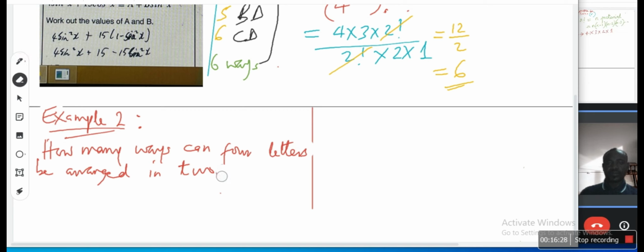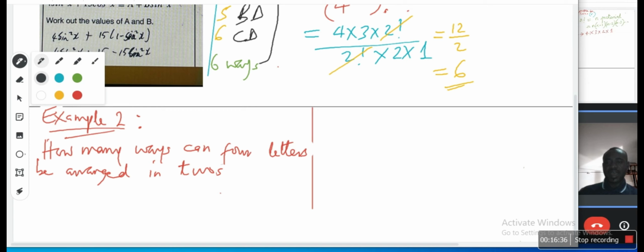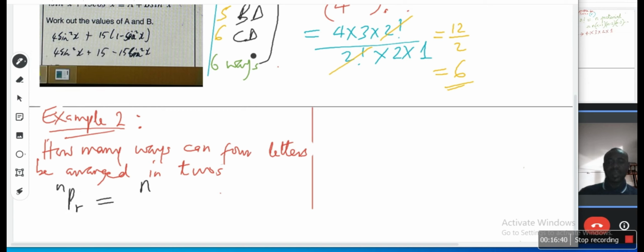Okay. That one is permutation. The formula is this: n permutation r is simply n factorial all over n minus r factorial. There's no more, you don't have any 2 factorial.